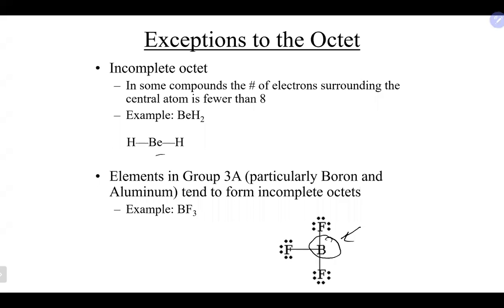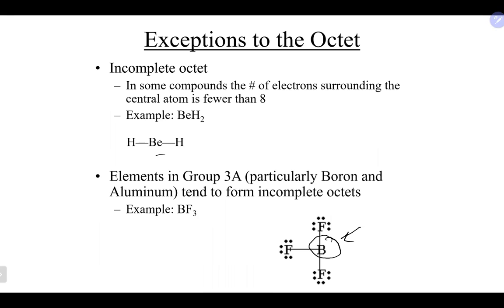For the most part, beryllium and aluminum, but really the one that we come across the most is boron, the other B. Boron is really the one that we see the most in terms of an incomplete octet. Beryllium and aluminum are kind of metals, so not really involved a lot of times in covalent bonding. Boron is sometimes referred to as being electron deficient, as it has less than 8 electrons.